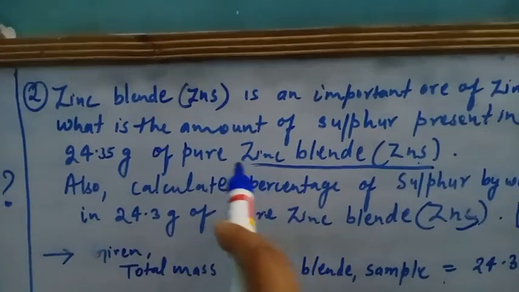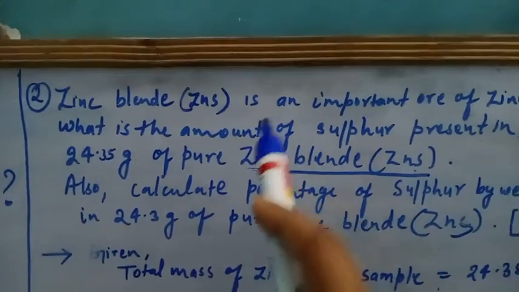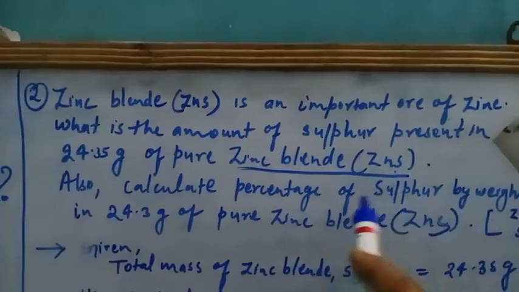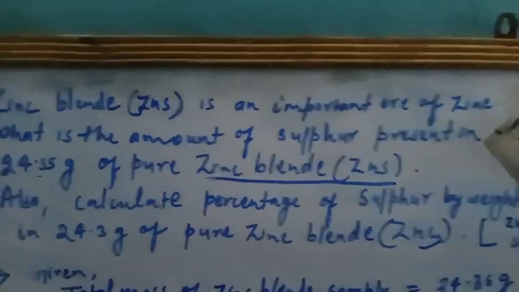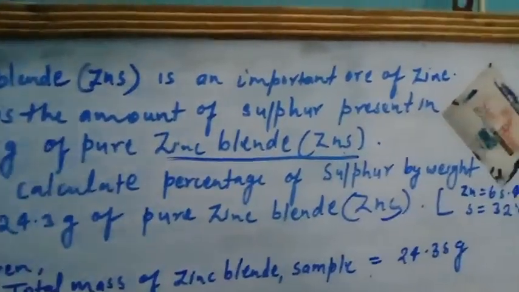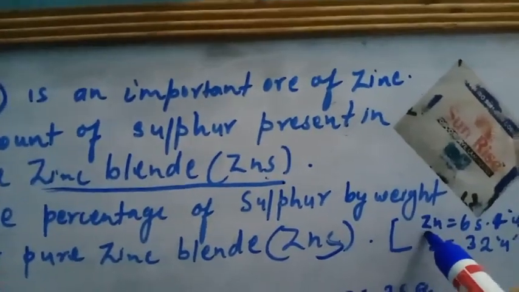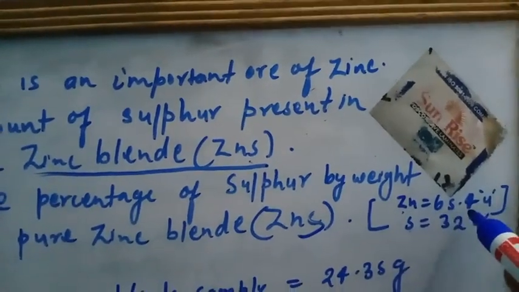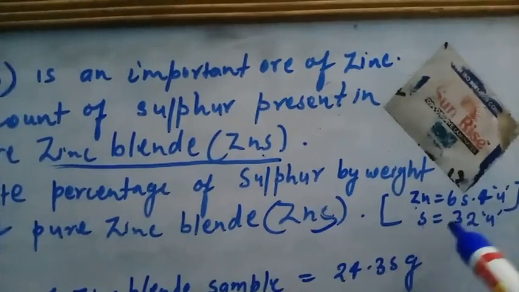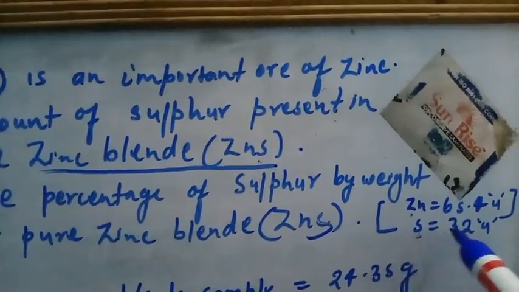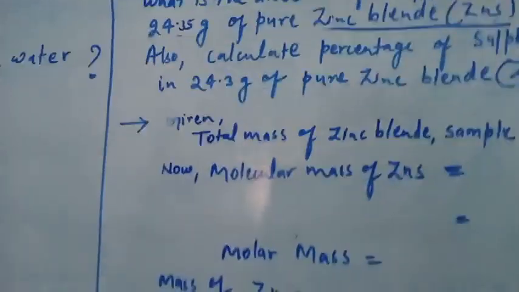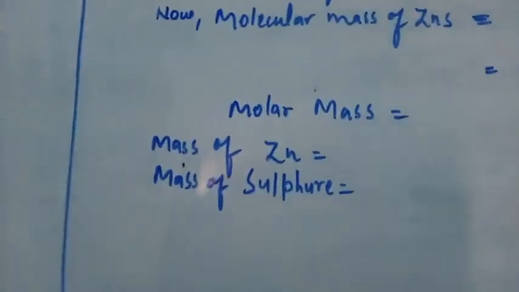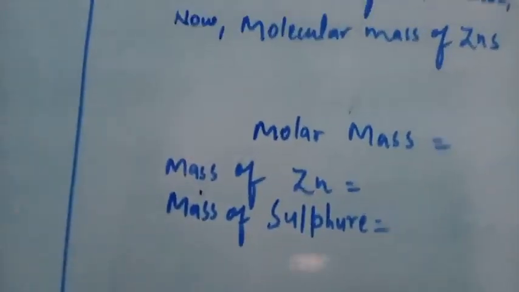When we get the amount of sulfur, we will find the percentage of sulfur in that quantity of zinc blend. In the question I gave you the atomic mass of zinc, 65.4 U, and the atomic mass of sulfur, 32 U. This will help us calculate the mass of zinc and the mass of sulfur.